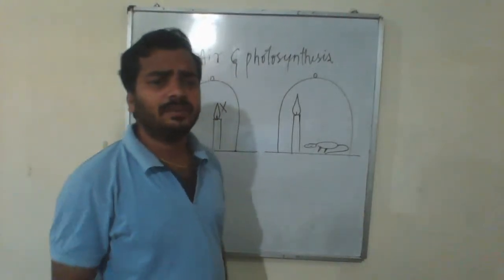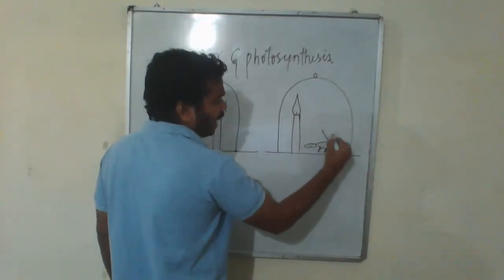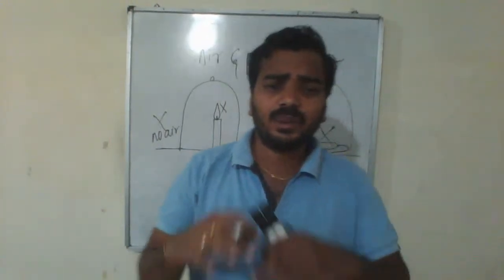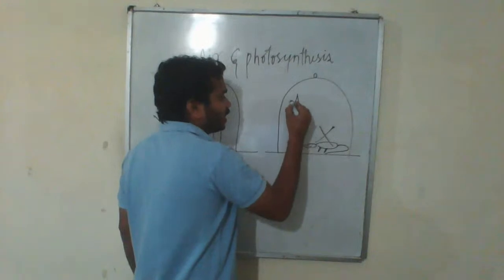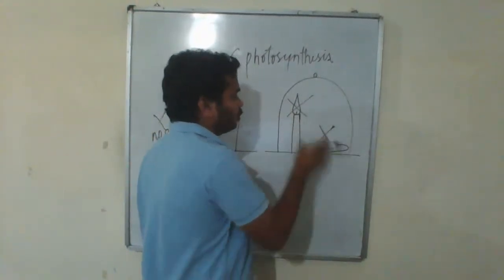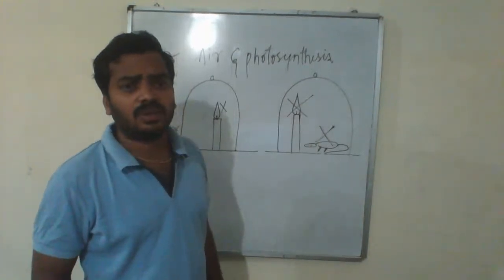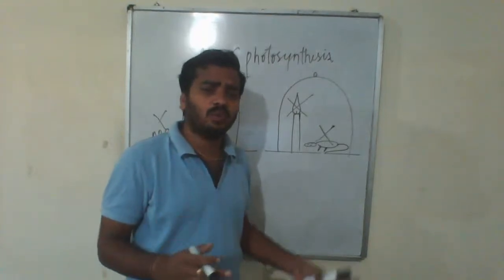Now you see here, after some time, this mouse got suffocated and was dead, or else it became unconscious. And later, this candle was also put off. So both the mouse and the candle were put off, as there is no availability of something which keeps them alive.